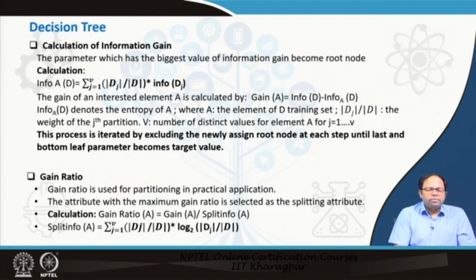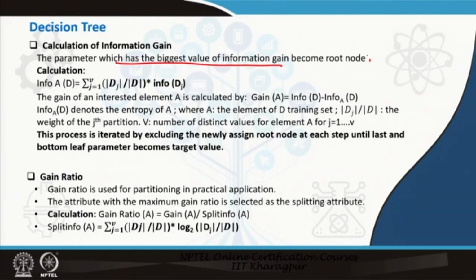In the next step, when we calculate the information gain, we will select the parameter which has the biggest value of information gain, and we select that as the root node. Once that is done, in the next step, for whatever data we have in that split, we will again use another parameter, and that becomes the root node for that particular subgroup.